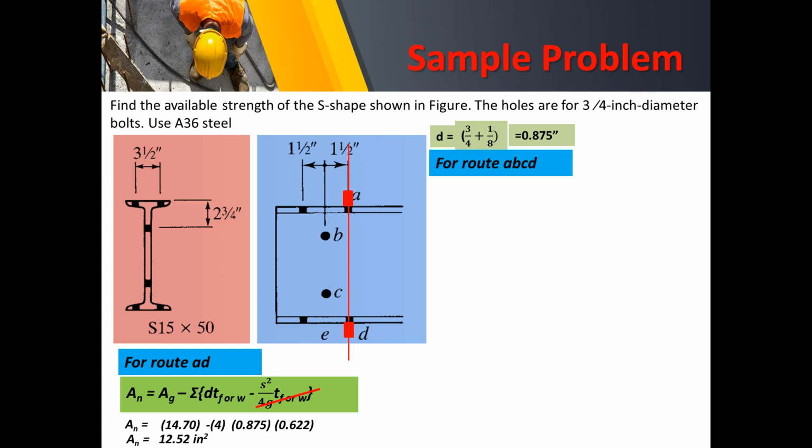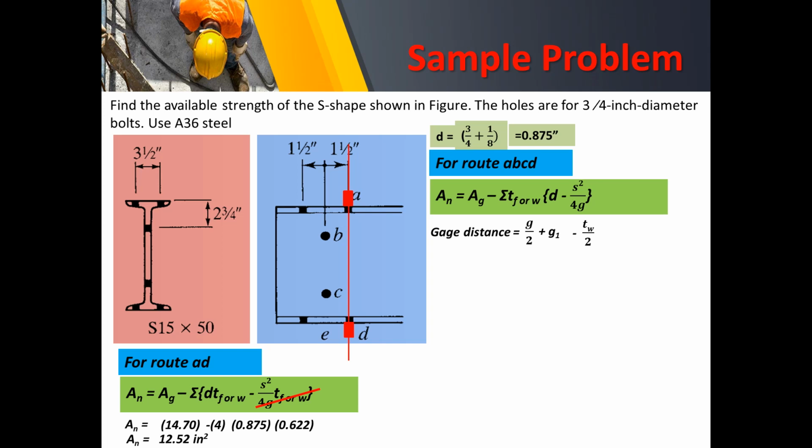For root ABCD, again, this is our equation. This time, obviously, there will be a gauge distance because we can find a pitch along the root. So of course, the equation is given by G over 2 plus G1 minus the web thickness all over 2.